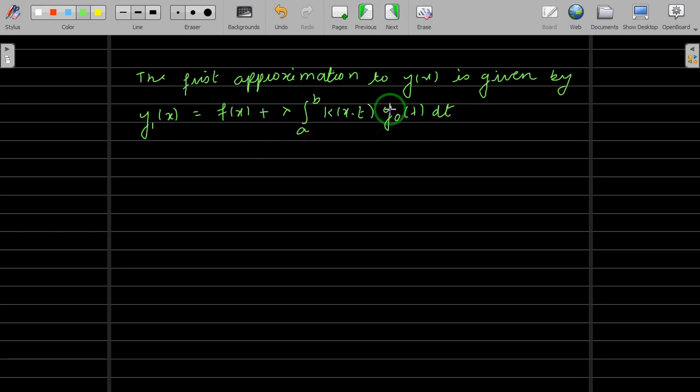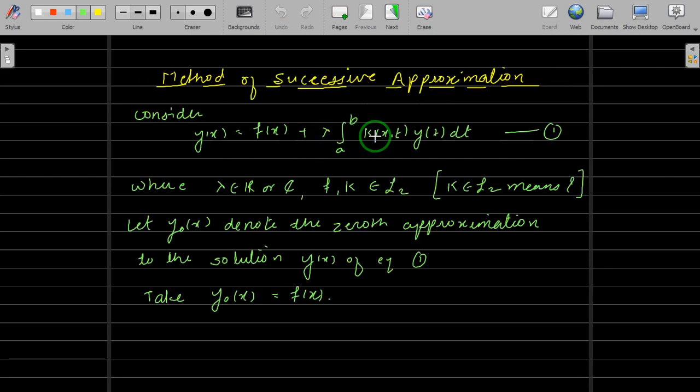Likewise, your second approximation will depend on your first approximation, and so on. Now I can put what y0 is. y0 is nothing but f. So f of x plus lambda integral a to b k(x,t) times y0, which we have taken as f.